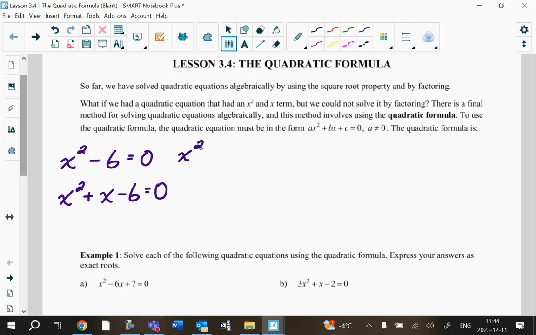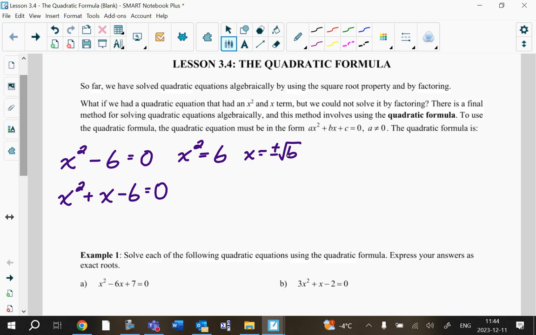Get the x squared by itself. Take the positive and negative square root of the number to solve. That's the positive and negative square root method.